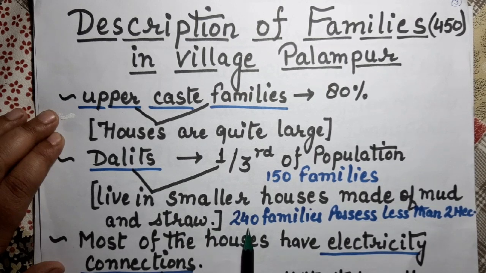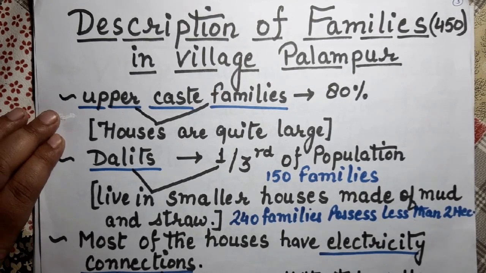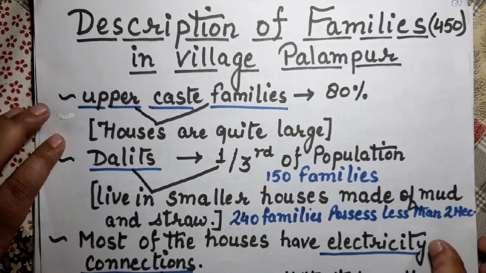The other 240 families possess less than 2 hectares of land. But the very important thing here is that most of the houses have electricity connections. So electricity powers all the tube wells and they use it for irrigation.